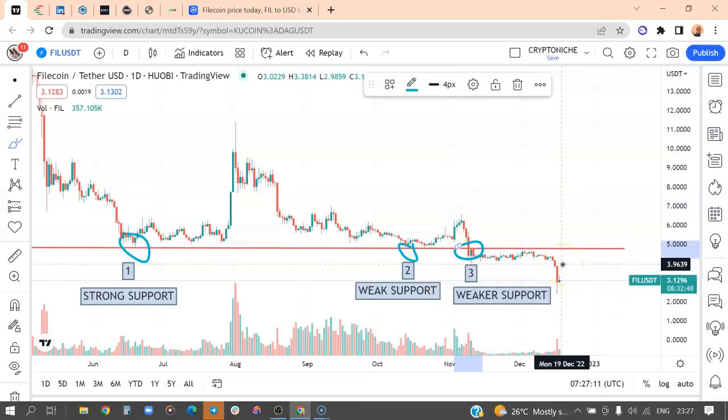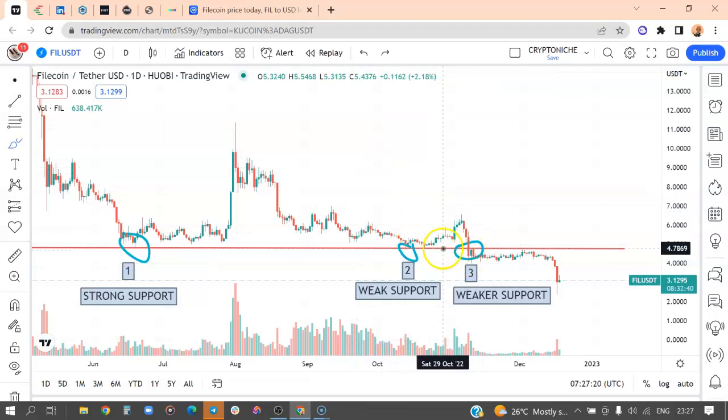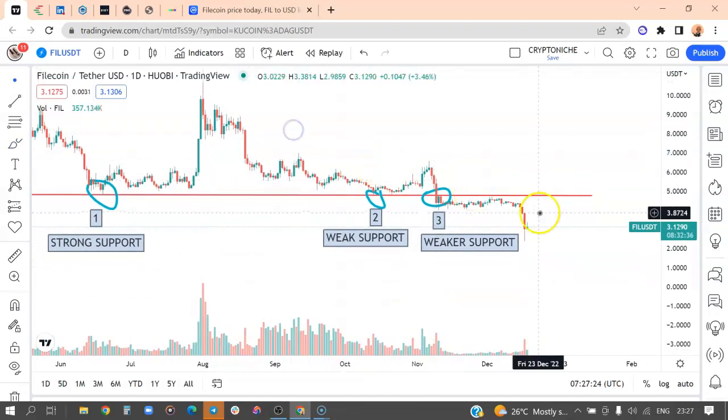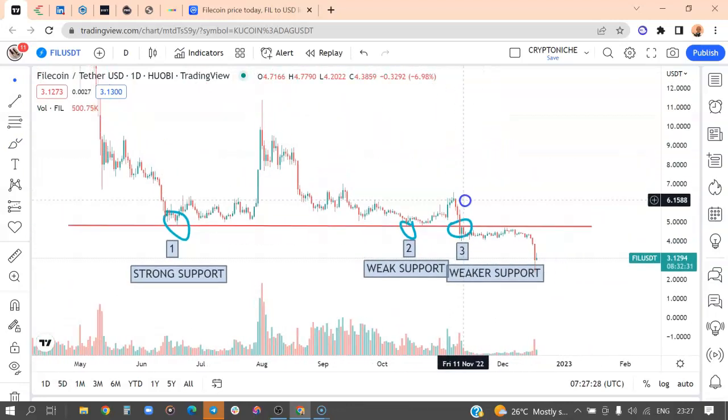Since it was broken completely, as a trader you have to know that a new trend is forming. I think I told you guys about how to spot a trend earlier. Can you see? A new trend is forming.